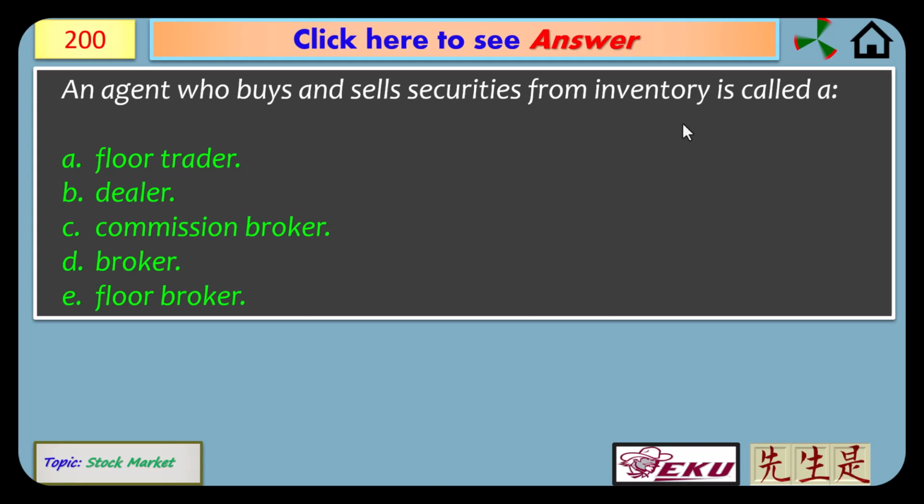You know, car dealers. When you go buy a car from a car dealer, they sell you a car from their own inventory. When you sell them your car or trade them in, they put that into their inventory later. And that's the definition of a dealer.